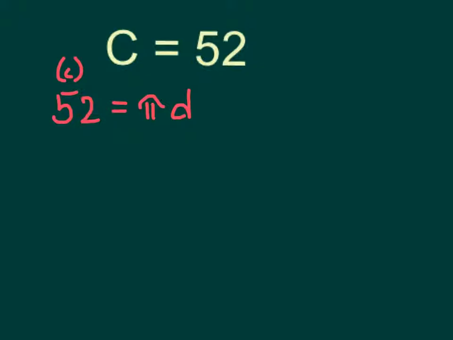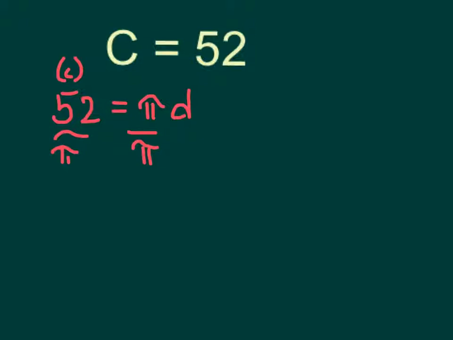Then, to isolate the diameter and figure out what it is, I simply have to get rid of the pi. How I do that is I divide pi by itself, because remember when you divide a number by itself it just turns into 1, so it sort of becomes nothing when it multiplies with the d. And because we're on an equal sign, I have to divide 52 also by pi.